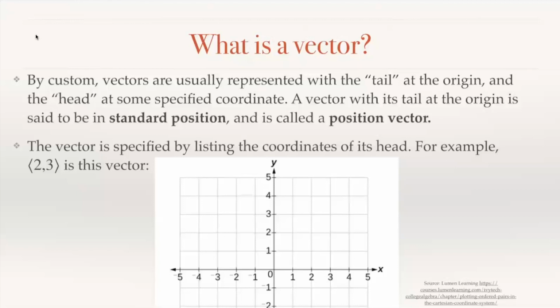So for example, this vector ⟨2, 3⟩ is a position vector that goes from the origin (0, 0) to the point (2, 3). So the point (2, 3) is this point. That's 2 on the x-axis and 3 on the y-axis. And the vector corresponding to that in standard position is that vector.